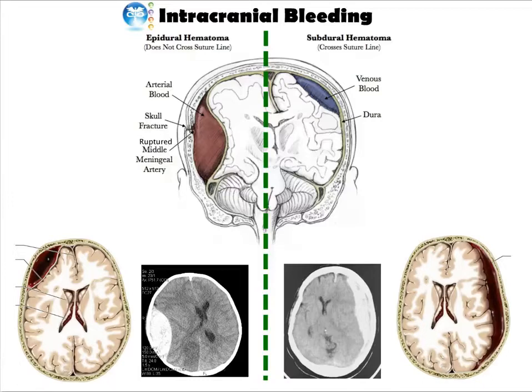This is because the arachnoid mater is a weak film-like barrier, and venous blood can disperse around the entirety of the cerebral hemisphere, giving it a crescent, moon-like appearance. A shift of structures away from the midline is also common with subdural hematomas. In both instances, evacuation of the blood is a critical first step in reducing increased intracranial pressures.